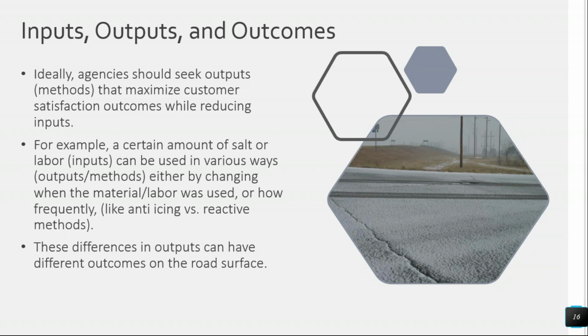Doing more with less, basically. So, to review, you can say that a certain amount of an input, say salt, can be used in various ways, which is described by your outputs. And that can have some kind of a difference in what actually is occurring on the road through your output.